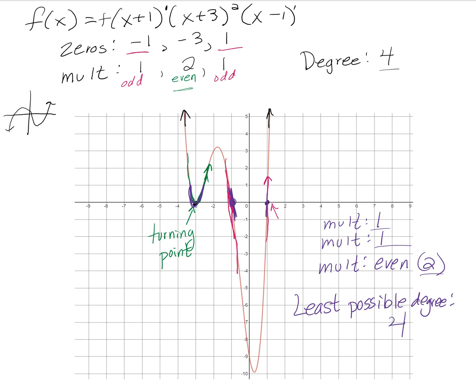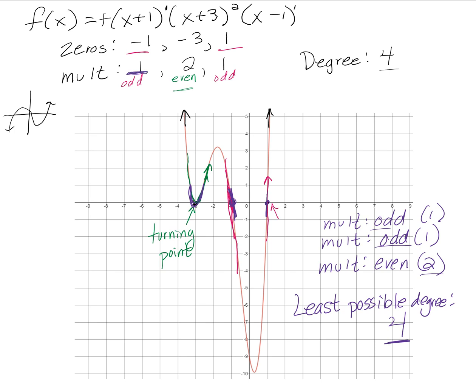Now, I want to say real quick, if you're working backwards like this, we're not always sure that our multiplicity is 1. What we are sure about is that the multiplicity has to be odd. So what I could write right here is this is odd, which again, the smallest odd number is 1, and that would be my least possible degree of 4. But what it really could be is a 3.